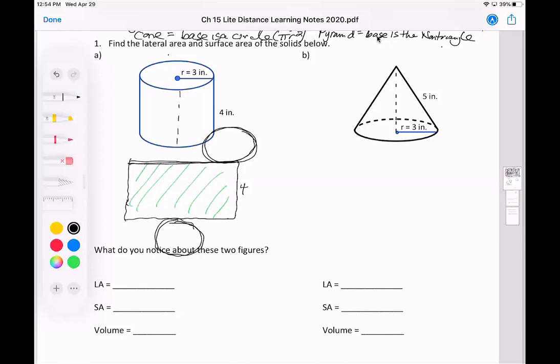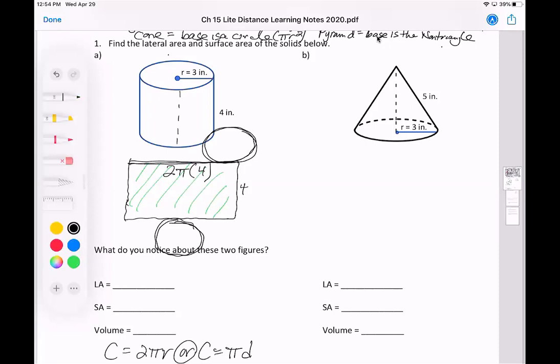So the circumference of the circle is 2 times pi times the radius. 2 pi r. Circumference is 2 pi r. Or you could talk about circumference as pi times diameter. Diameter would be 2 times r, so 8.